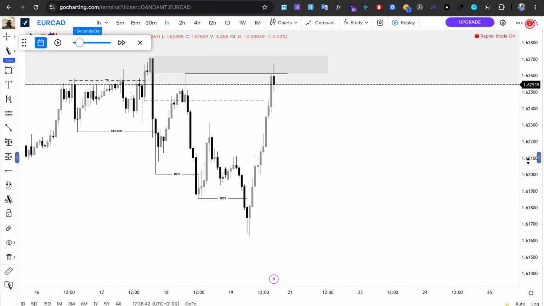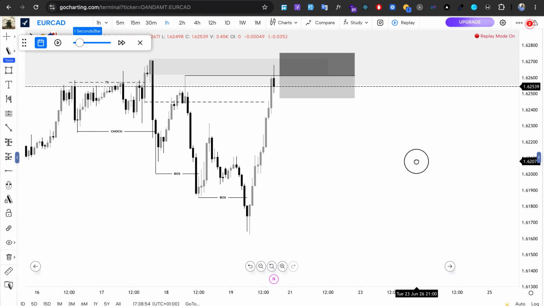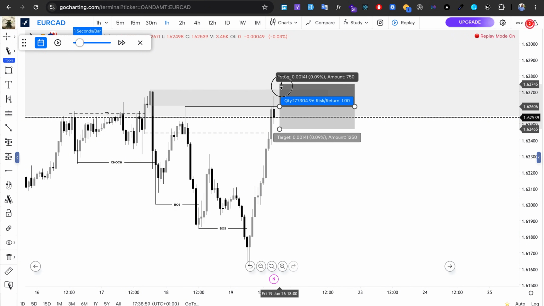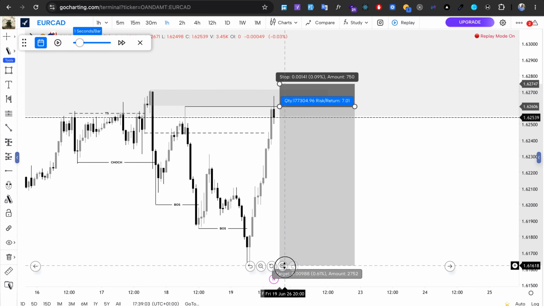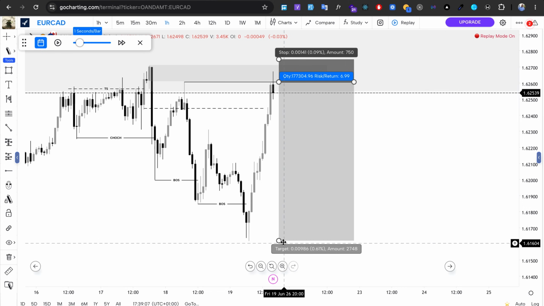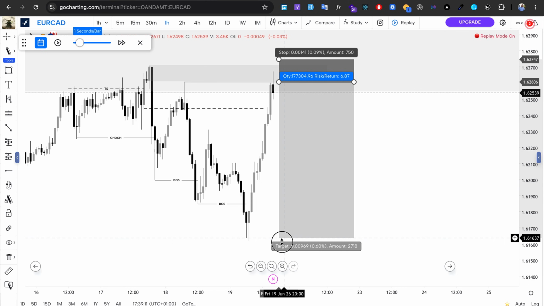I will just put my entry from here, since the inducement is very close to the POI. So I'll just put it here. This is like a 7 RR trade. Right. I won't wait for any confirmation again. It's a 7 RR trade.